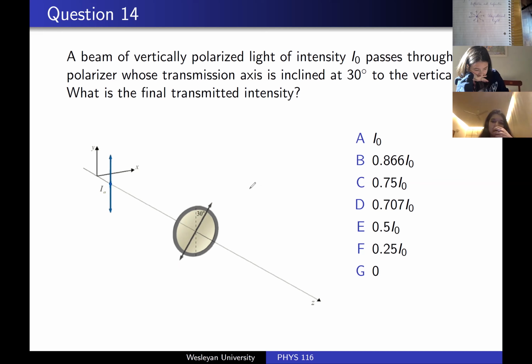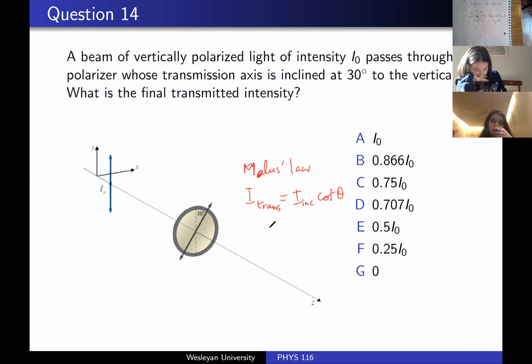The transmitted intensity is going to be equal to the incident intensity times cosine squared theta. The name of this is Malus's law, M-A-L-U-S.